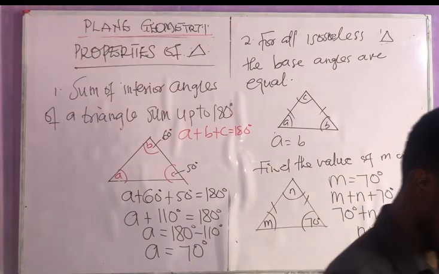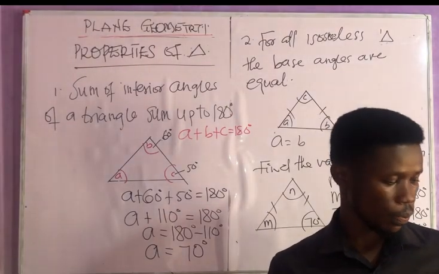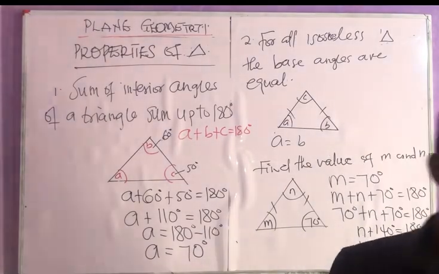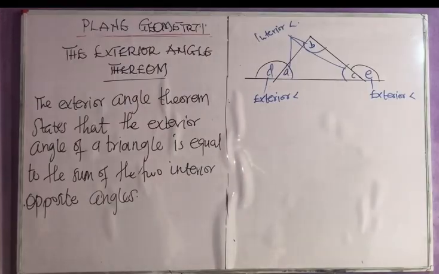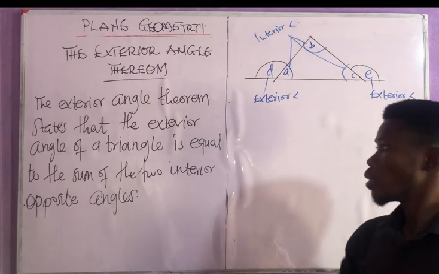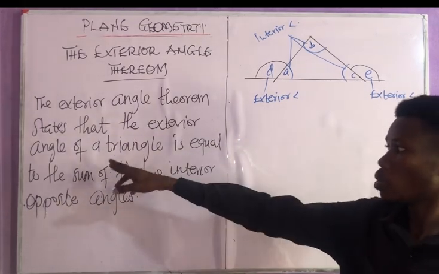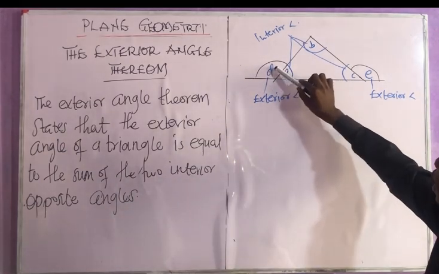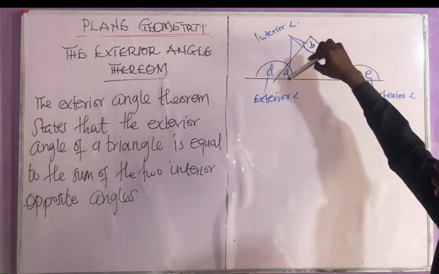Now let's also look at the exterior angle theorem. Okay, so the next property is the exterior angle theorem. The exterior angle theorem states that the exterior angle of a triangle, so this is an exterior angle of this triangle, is outside the triangle, is that okay?